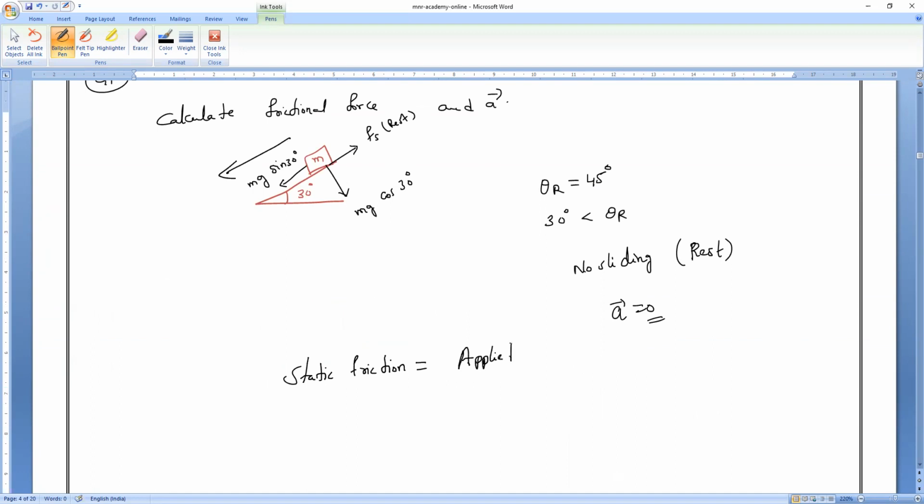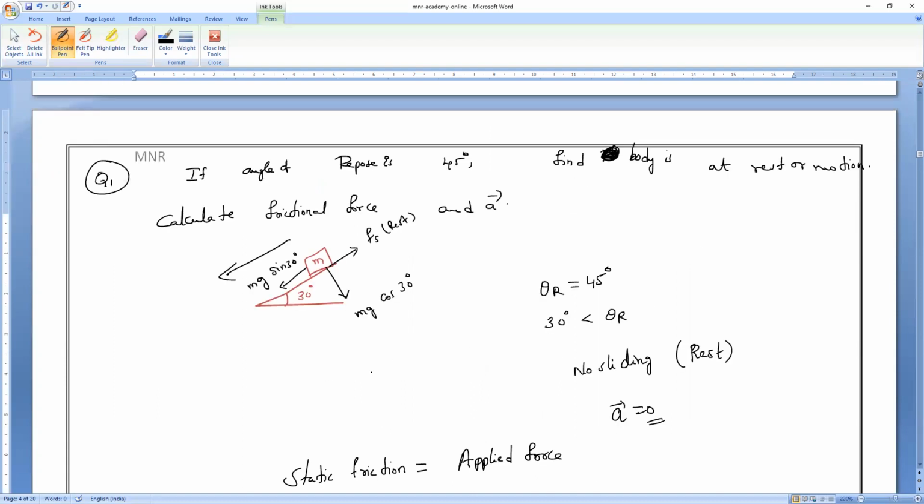What is the applied force here? mg sin 30. The value of mg sin 30 is mg by 2. So that is the static friction. All of you clear?